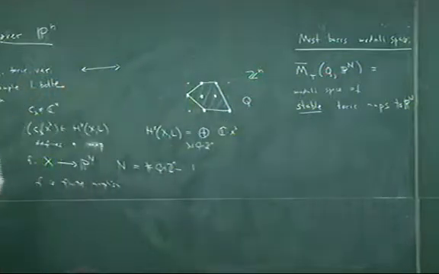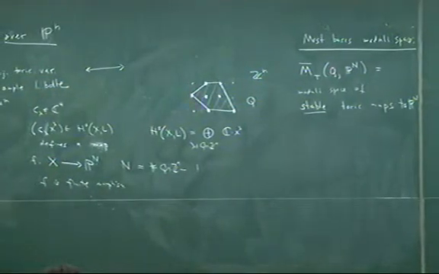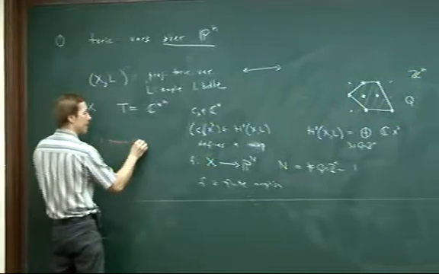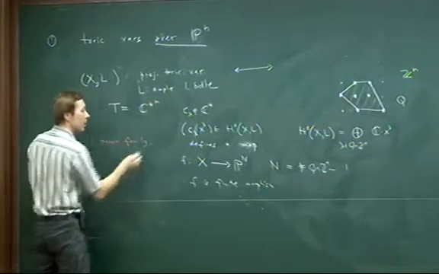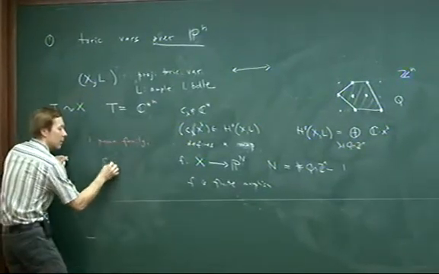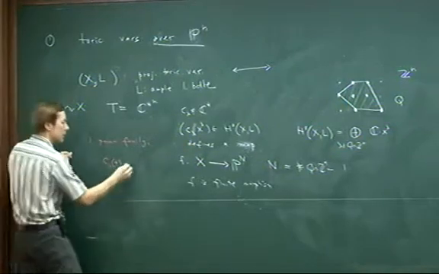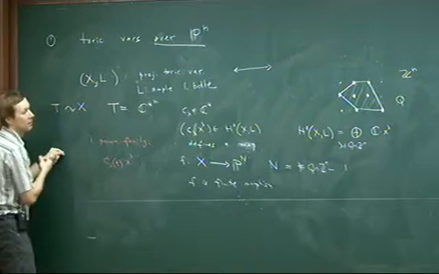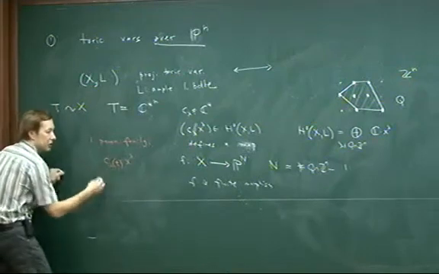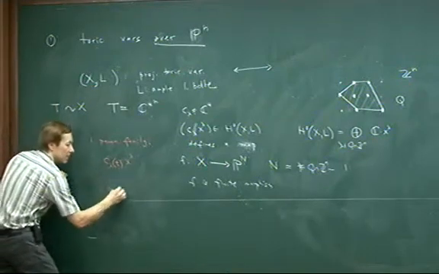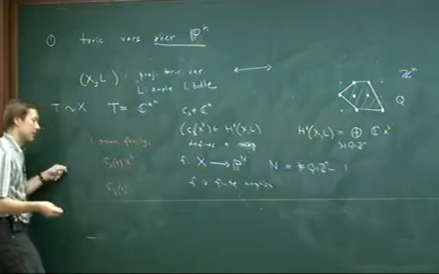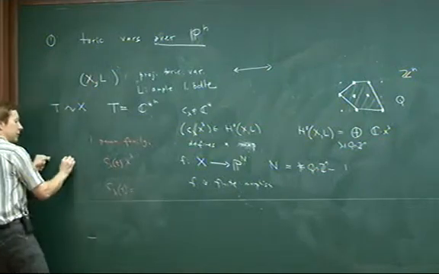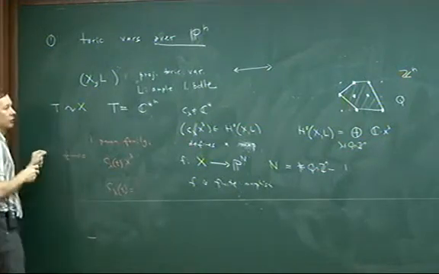And so a one-parameter family will look like this. So we'll be given by some collection C lambda of T. And T will go to 0.